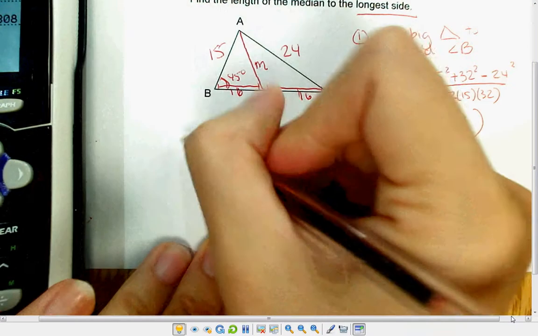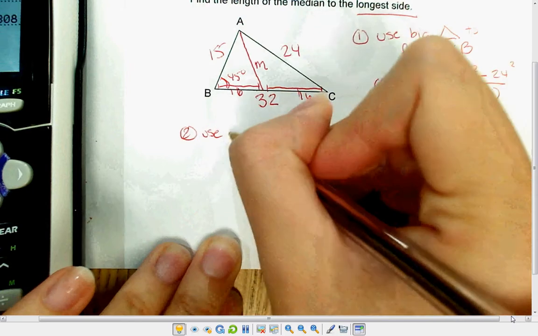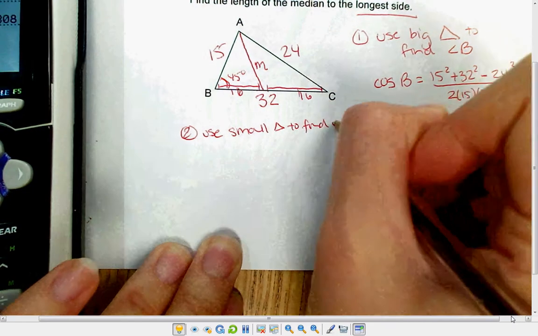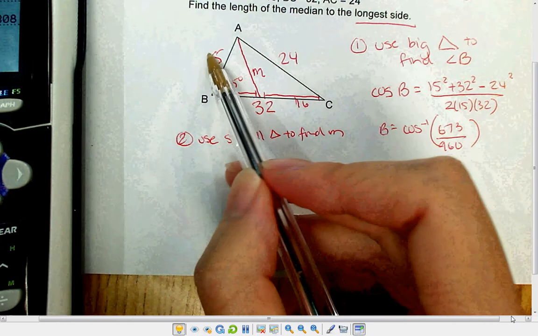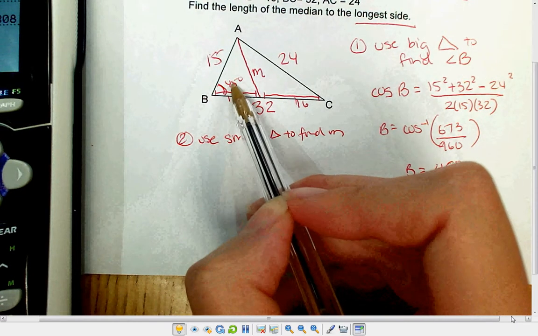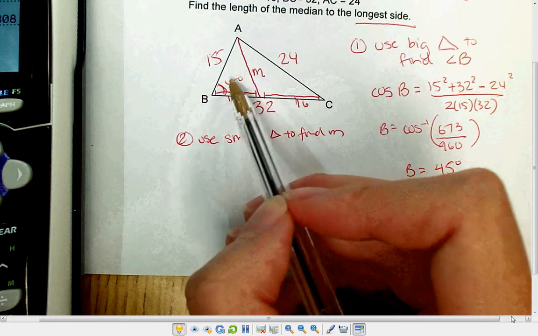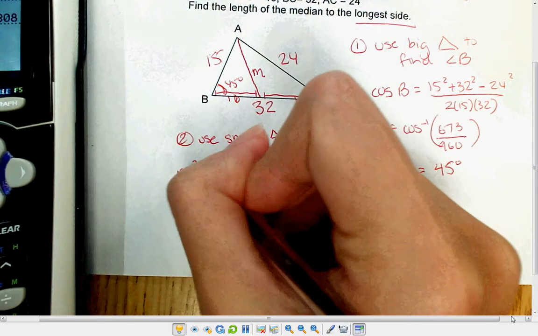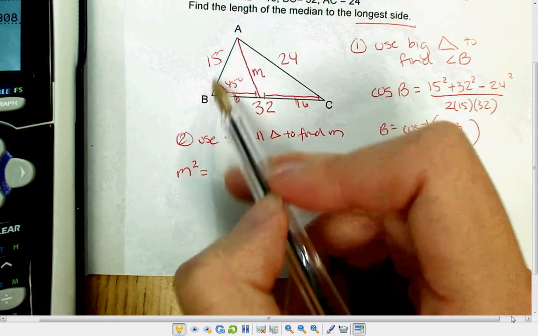So now my second step is I can use my small triangle to find M. So look, now I have this side, I know that this side is 16, and I know that this angle is 45. So what I'm going to use is the law of cosines to find M. So M squared equals, I'm using this small triangle right now.